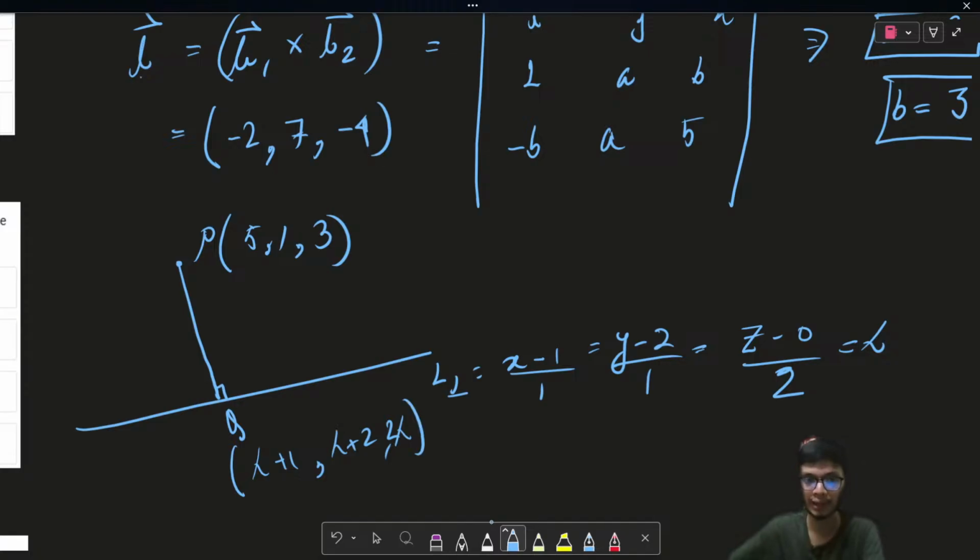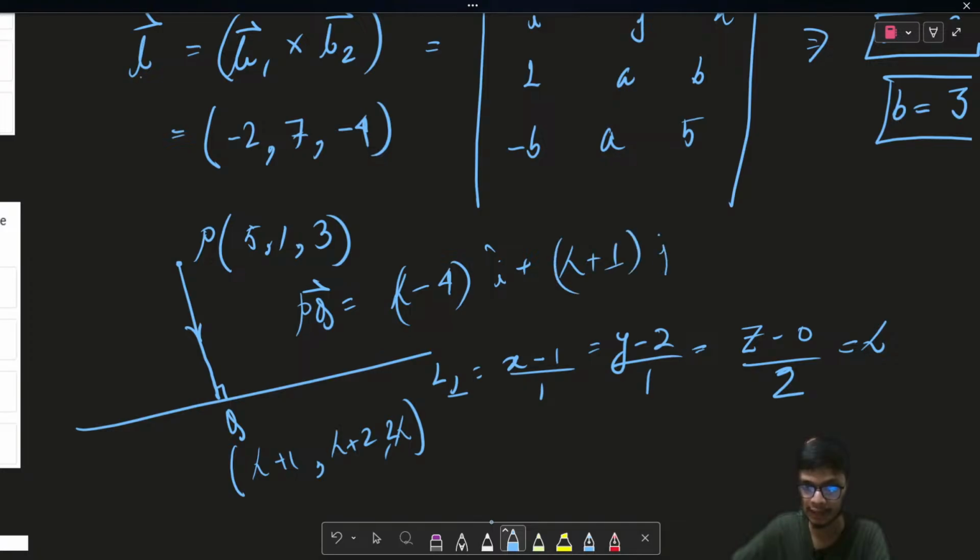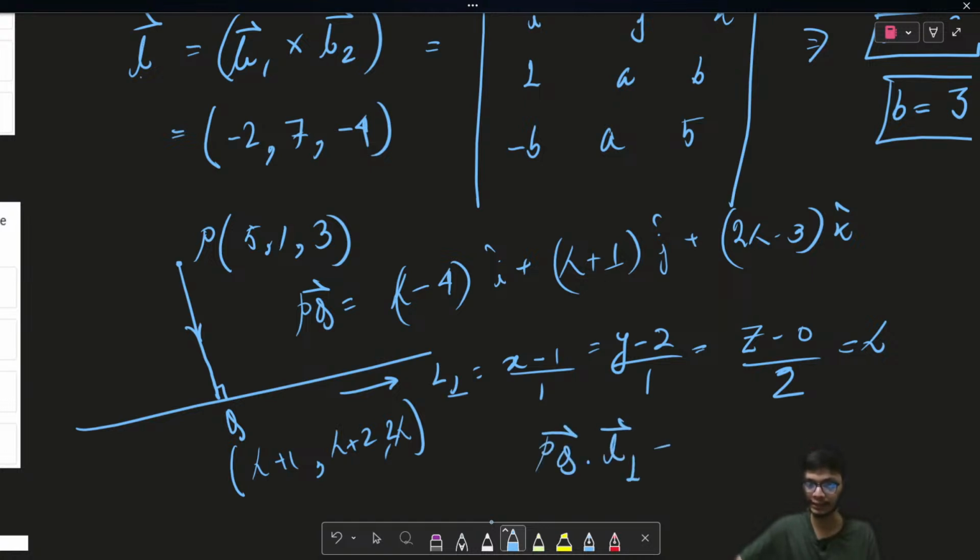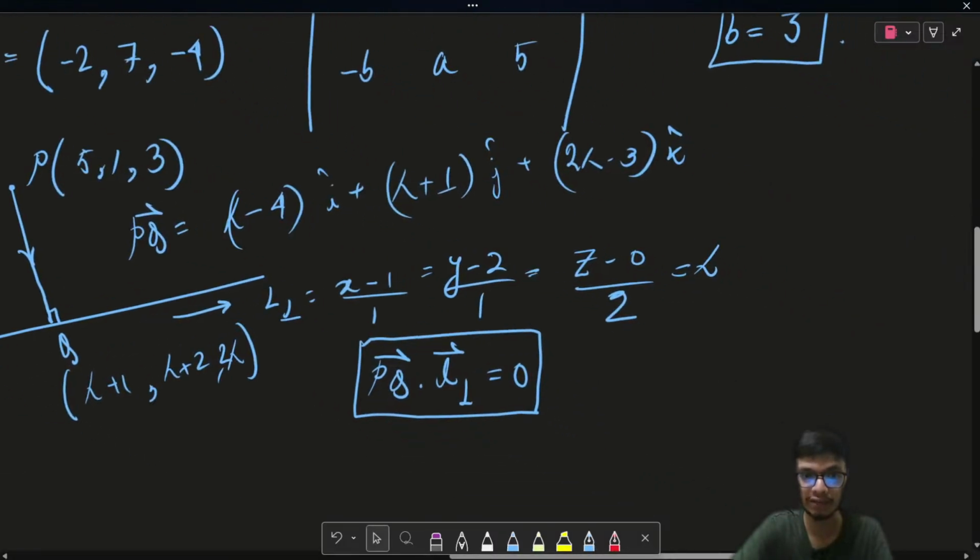This is my point Q, and then I can easily formulate my vector PQ, which is (lambda minus 4) i cap plus (lambda plus 1) j cap plus (2 lambda minus 3) k cap. Now this vector PQ will be perpendicular to this L1 vector.